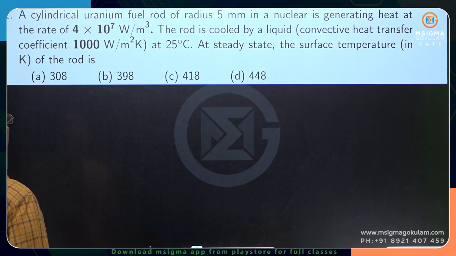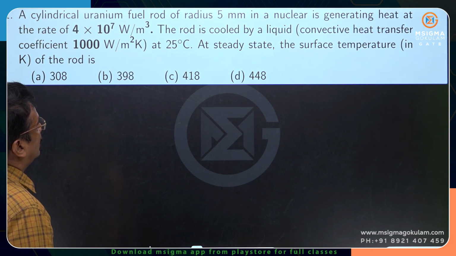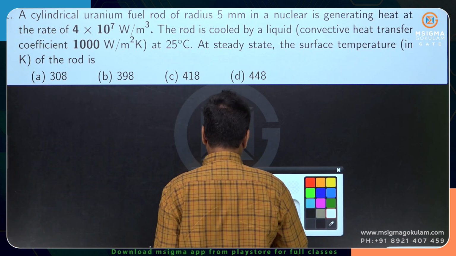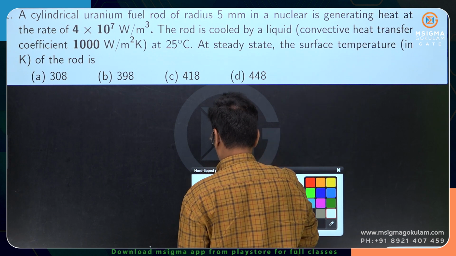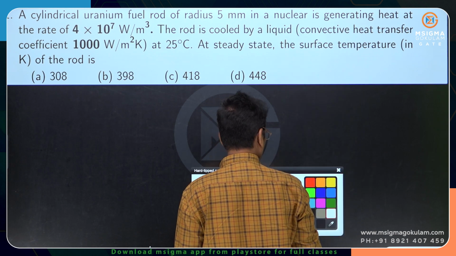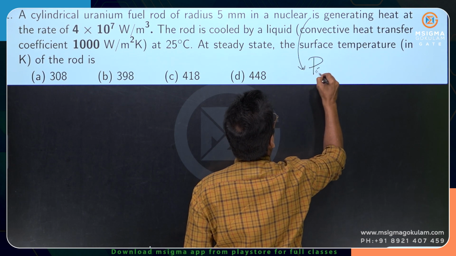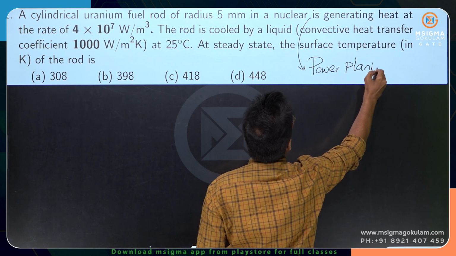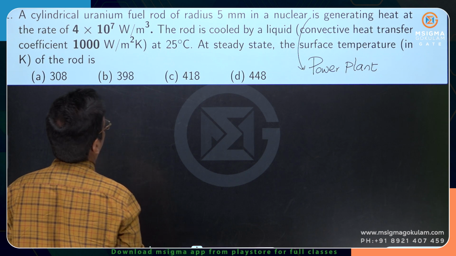Look at this: a cylindrical uranium fuel rod of radius 5 mm in a nuclear power plant. Actually, this should be given as nuclear power plant, please add that word here, is generating heat at the rate of 4 into 10 power 7 watt per meter cube.